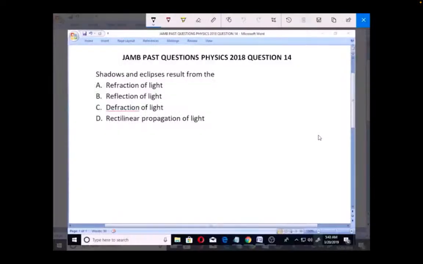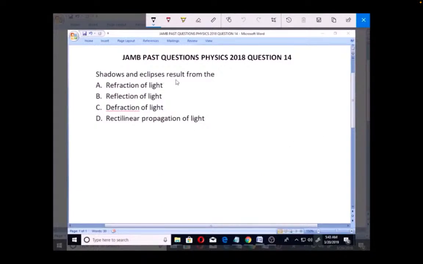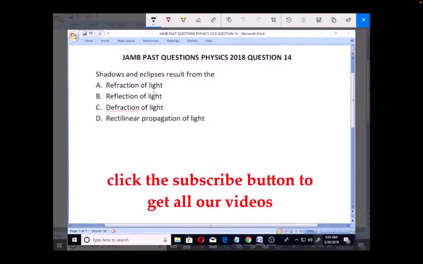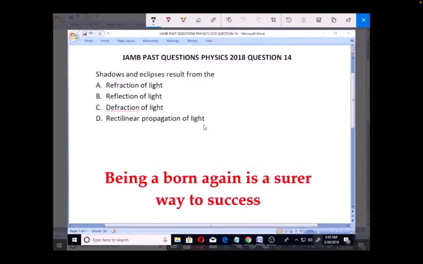Welcome. Let's look at this JAMB past questions, physics 2018, question number 14. Shadows and eclipses result from the A. Refraction of light, B. Reflection of light, C. Diffraction of light, D. Rectilinear propagation of light.